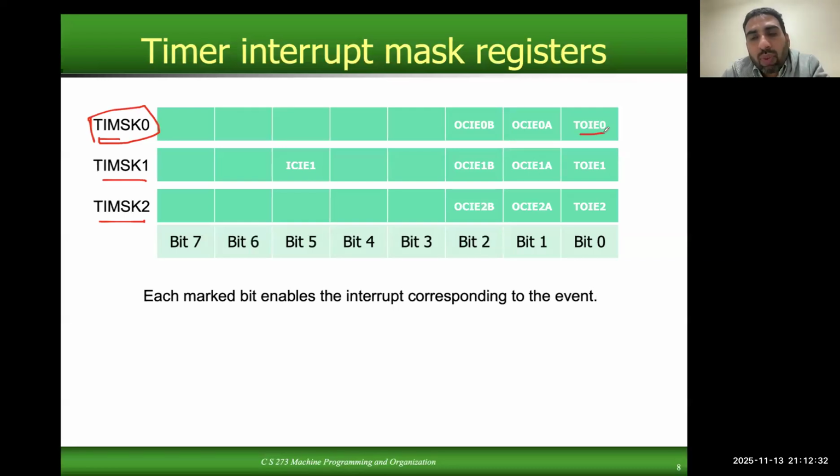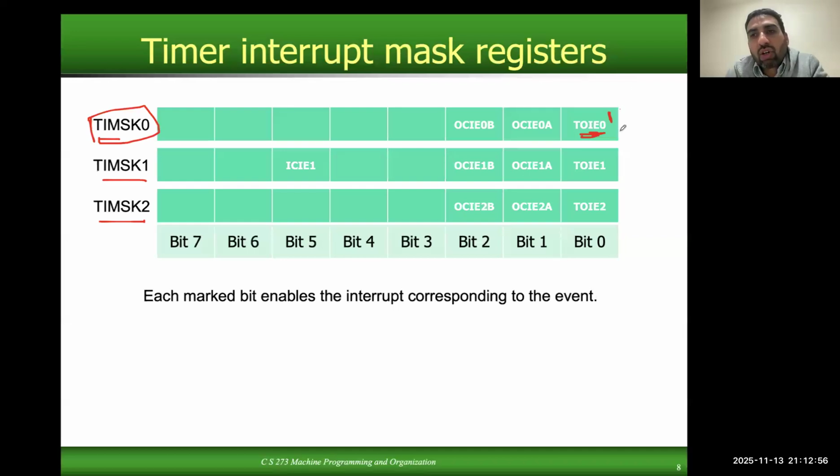Bit 0 is used to enable the timer overflow interrupt for timer 0. If we write 1 here, then whenever your timer has an overflow, an interrupt will happen, right?